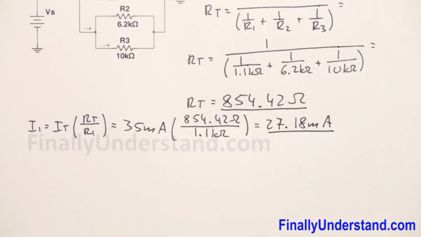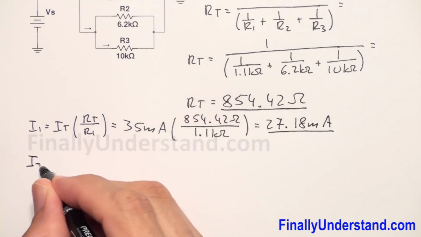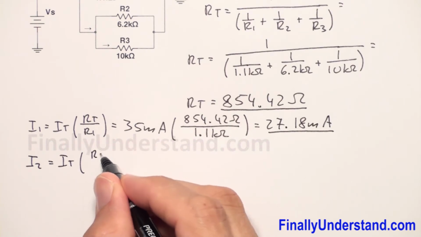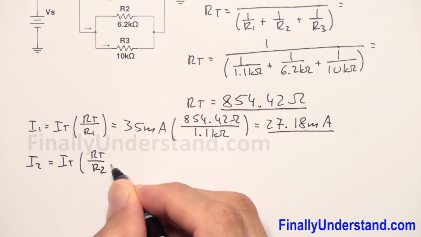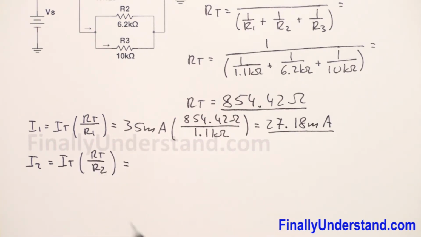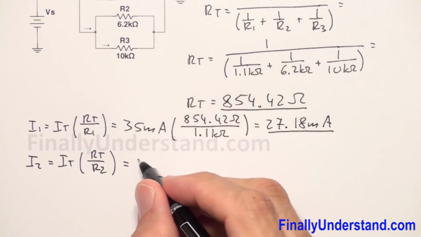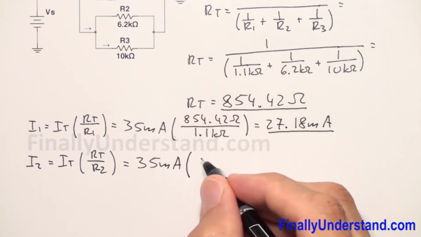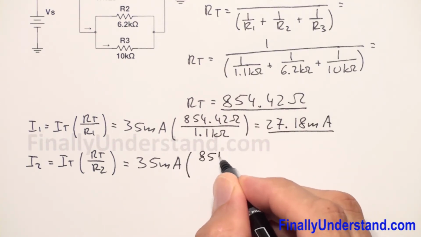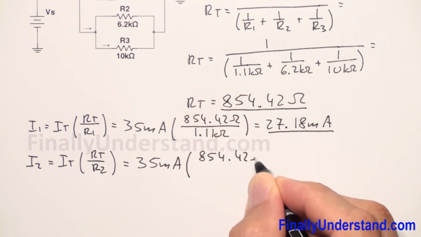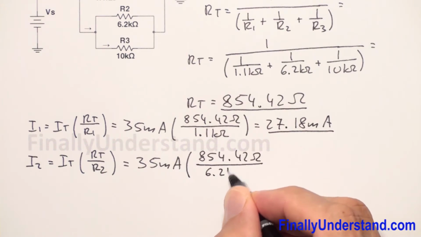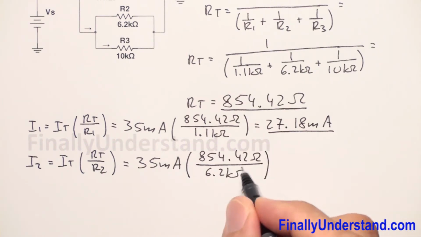Next I'm going to find I2. I2 is equal to I total times R total over R2. Always write the formula first. So we have 35 milliamps times 854.42 ohms divided by R2, which is equal to 6.2 kilo ohms.